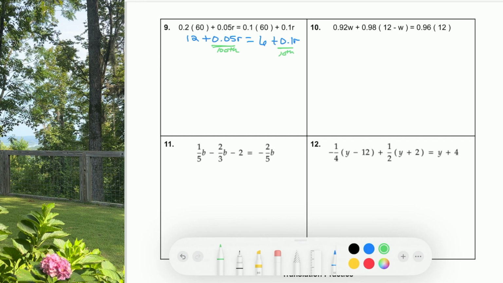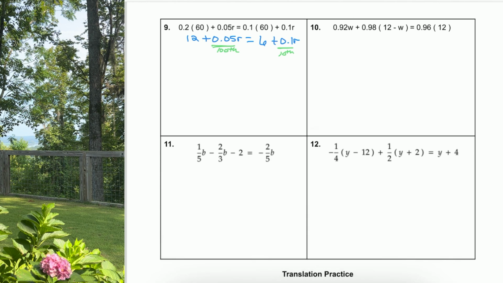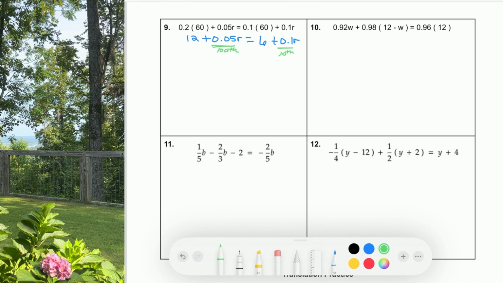So the one with the greatest place is what is going to determine what number we need to multiply this whole fraction or this whole problem by to get rid of those decimals. So because we have the hundredth on the 0.05, and that's the furthest right place value, we're actually going to multiply this whole problem by 100. So let me remove these.